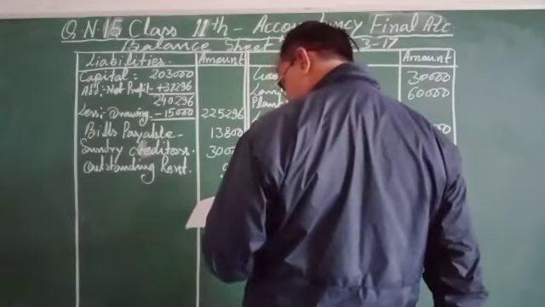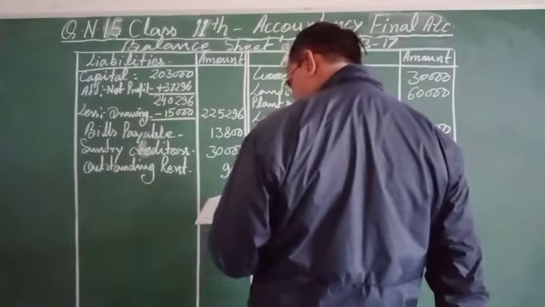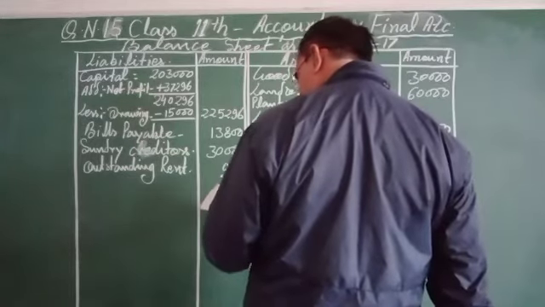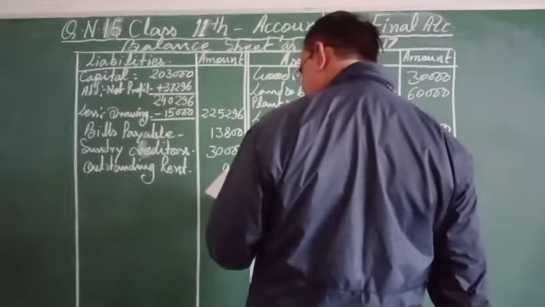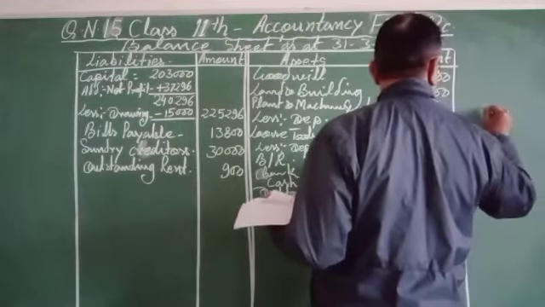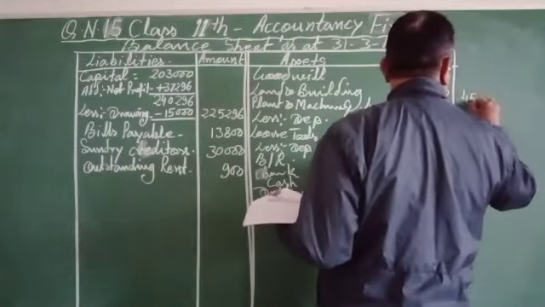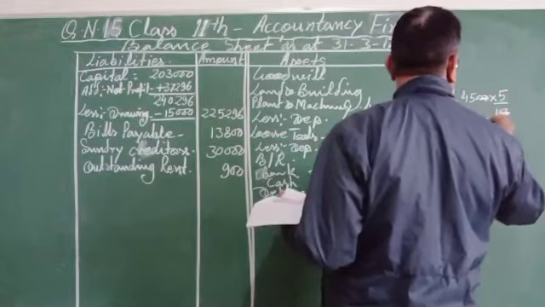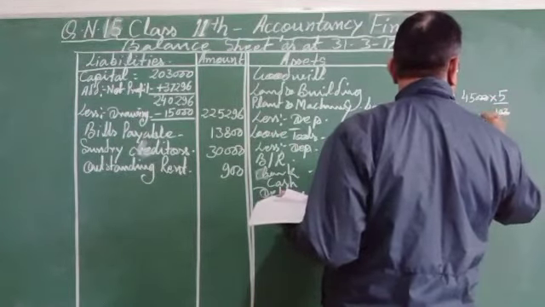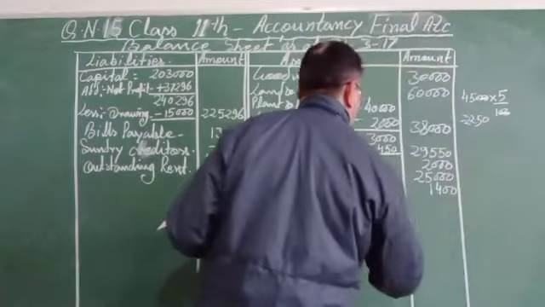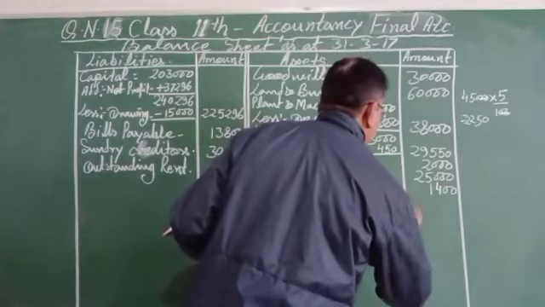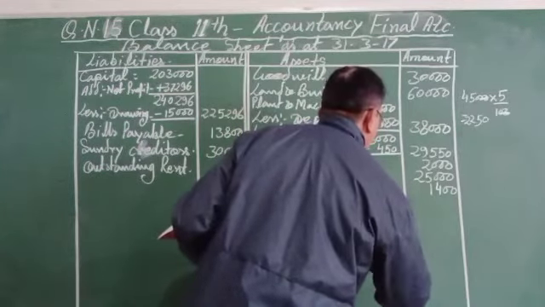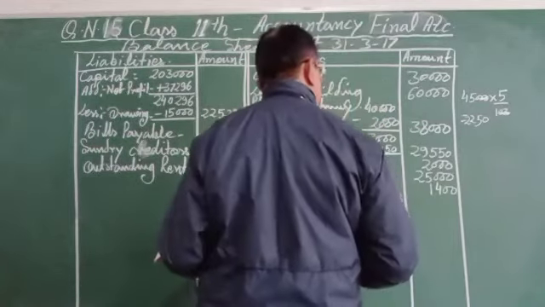No information is given, so 5% bad debts on doubtful debts, 5% on debtors: 45,000 into 5 upon 100, minus 2,250, equals 42,750.